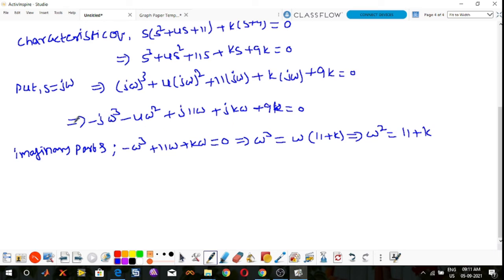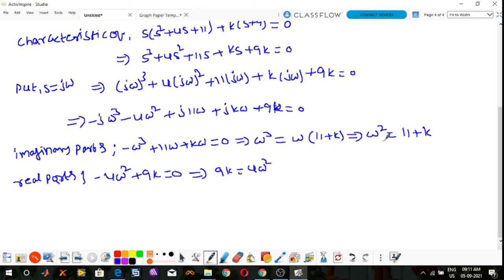Now equating the real parts on both sides: on the LHS the real part is minus 4 omega square plus 9K, and on the RHS there is no real part, so that is 0. So 9K is equal to 4 omega square.